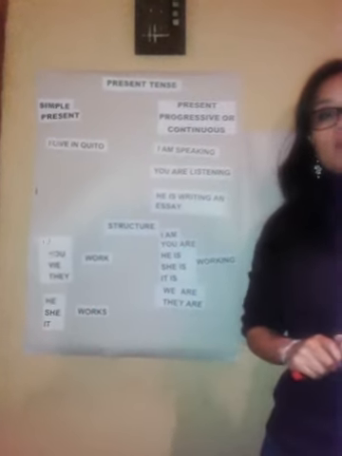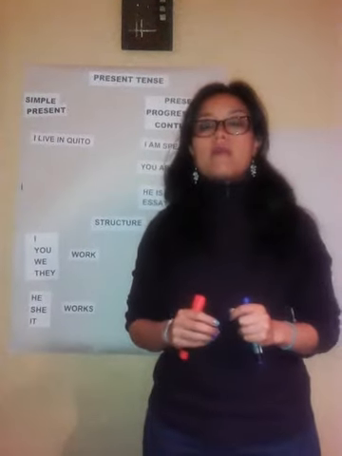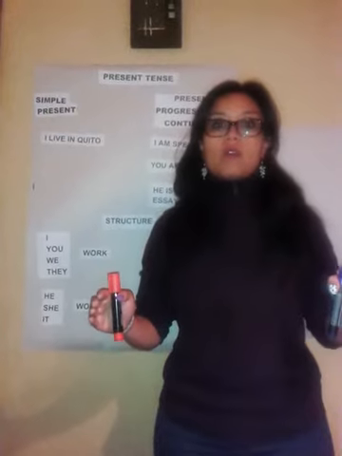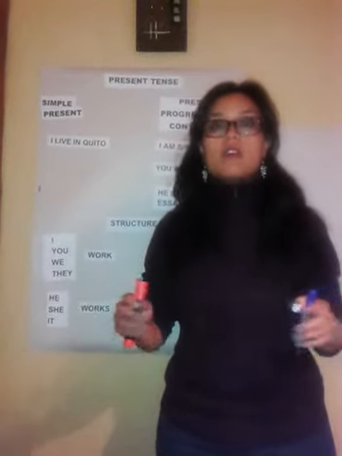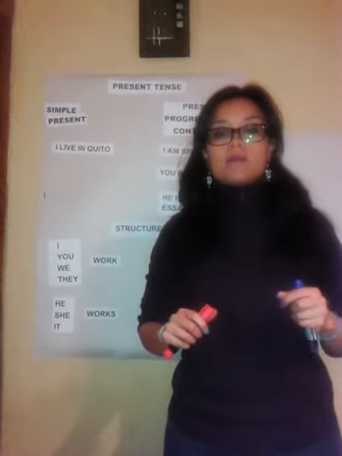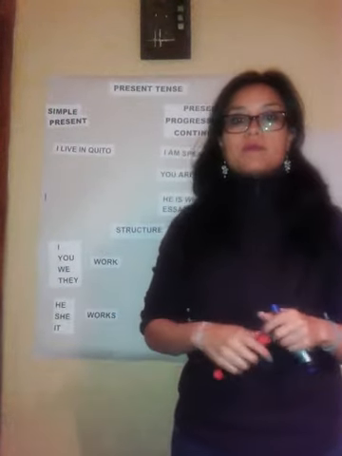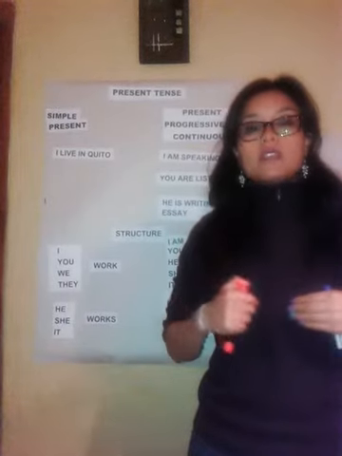It is also used to describe things that happen in a certain period of time, or in a temporary period of time. For example, if an author is writing a book, he says, I am writing a book.